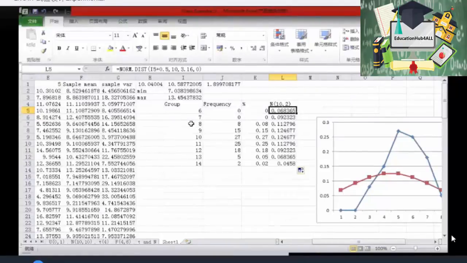This value is actually between 7 and 8, so the middle group value should be 7.5. That's why I do some adjustment here.